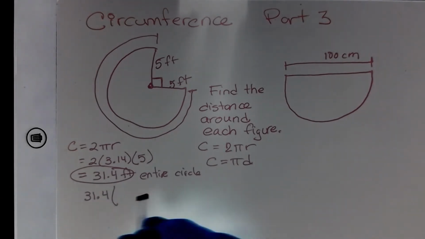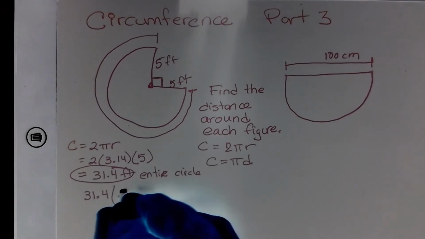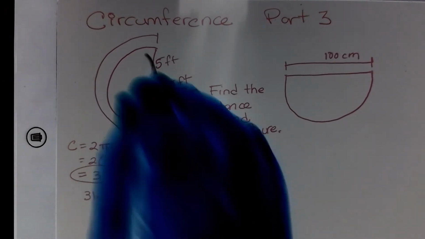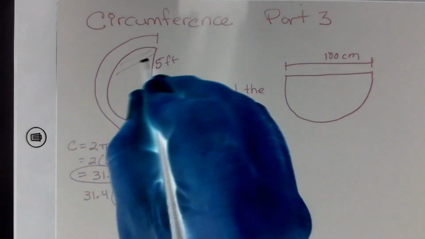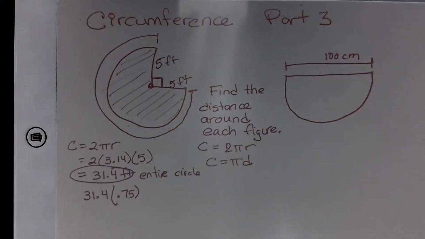We multiply by 3/4. Well, what's 3/4 as a decimal? 0.75. We multiply it by 0.75 because that's what it represents. This circle here is actually 3/4 of the circle. So we multiply it by 0.75. Multiply that, we get what?